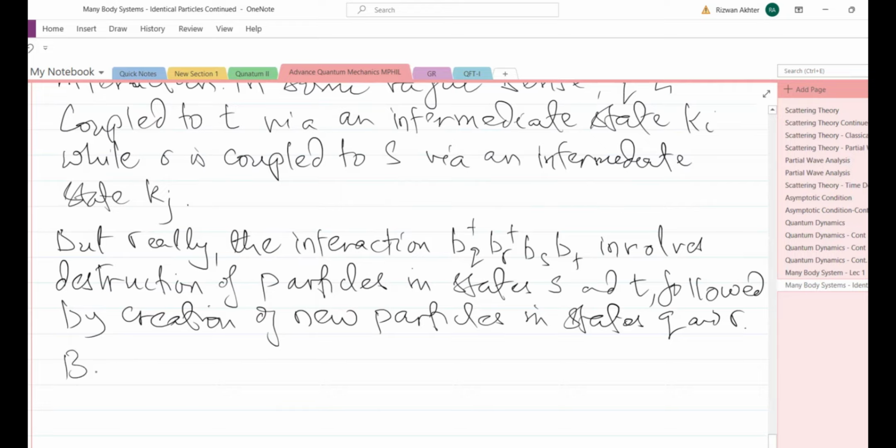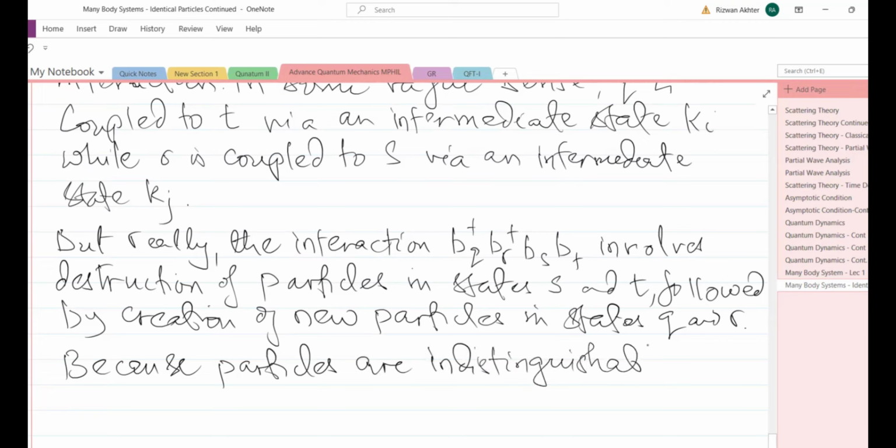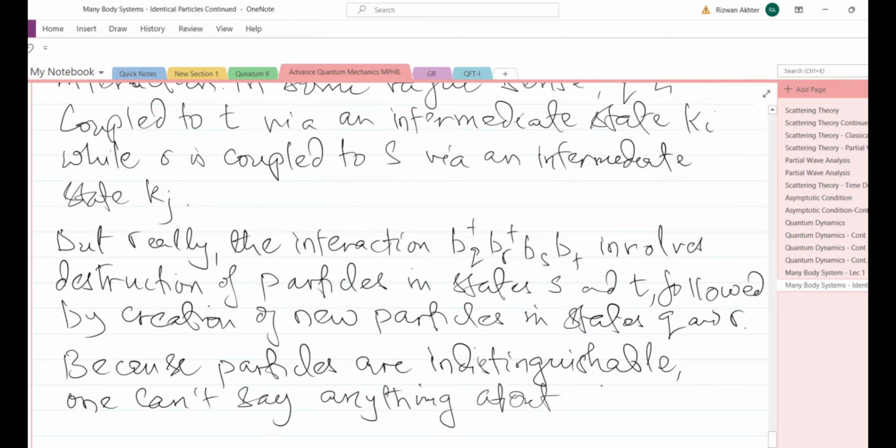Because particles are indistinguishable, one can't say anything about their identities.